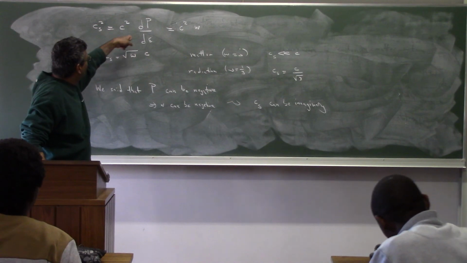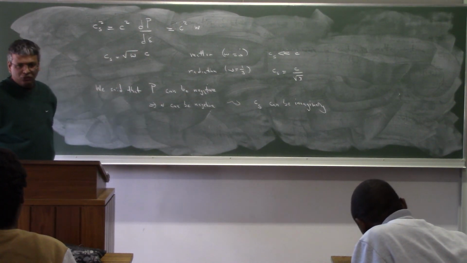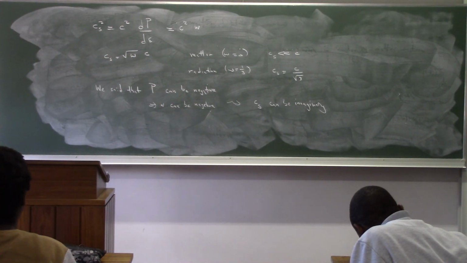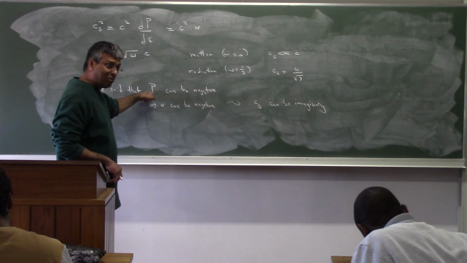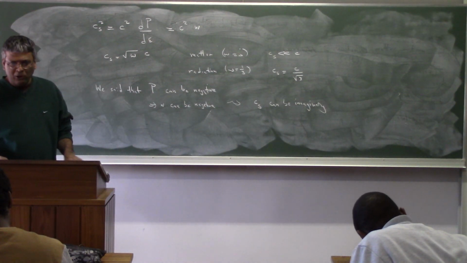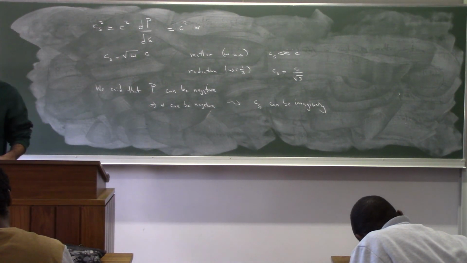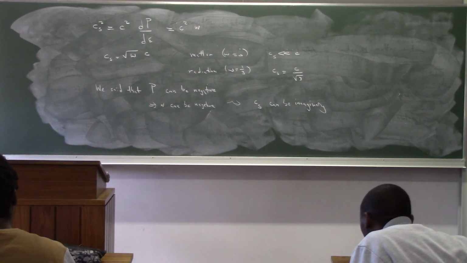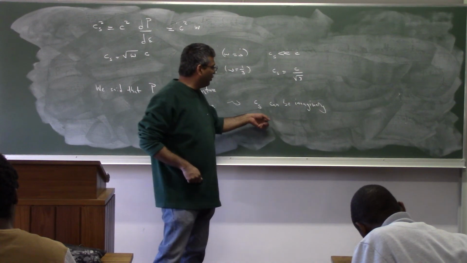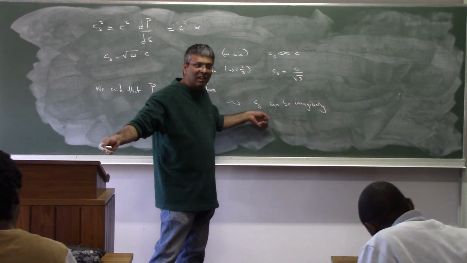So we're defining it in terms of dp d epsilon. Suppose you've got a small perturbation in the pressure. For a substance with negative pressure, that small perturbation doesn't produce propagating sound waves. That's what it means. So when we say cs is imaginary, it's really not describing the speed of sound propagating in the medium.